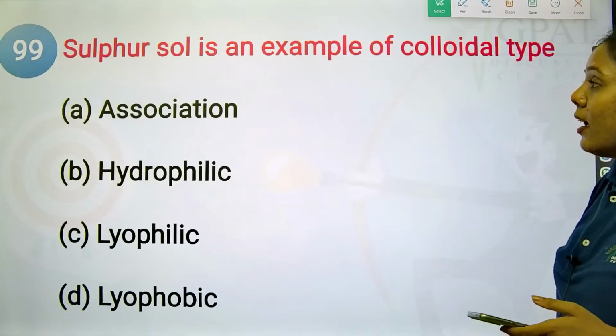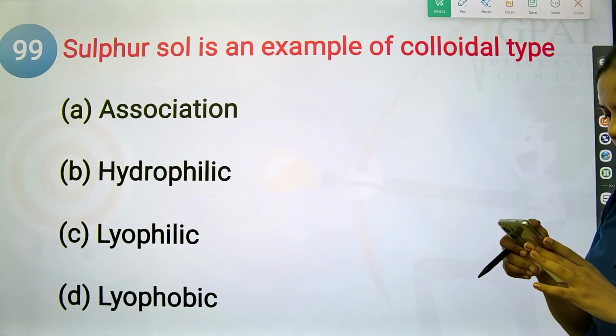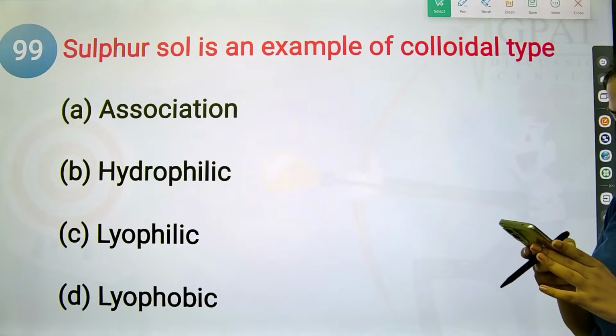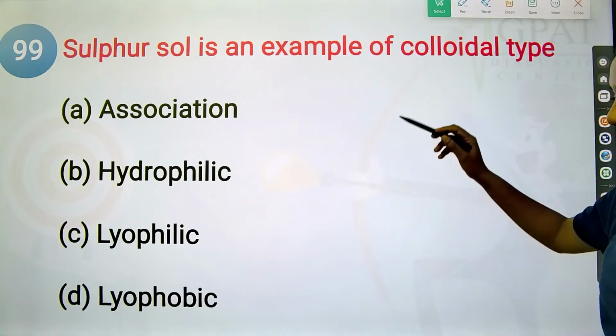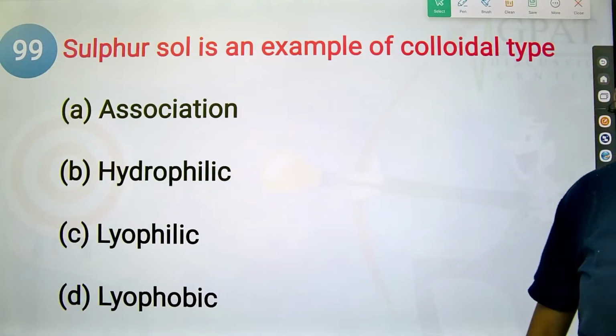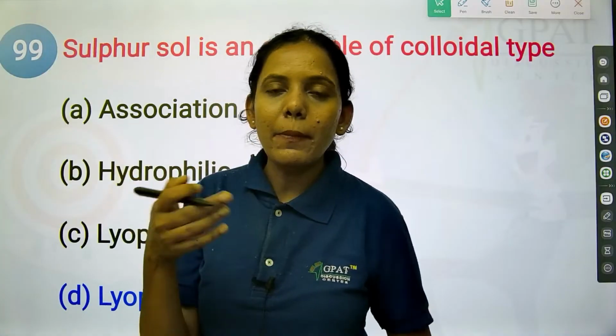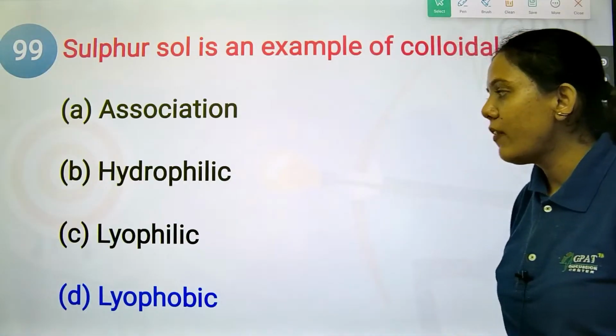Okay. Sulfur sol is an example of which colloidal type? Association colloid, hydrophilic colloid, lyophilic or lyophobic. Okay. So basically that is an example of the lyophobic. Lyo means what? Solvent. Philic means if it has the affinity or not, and phobic. Okay. So sulfur sol, we will see the other examples.